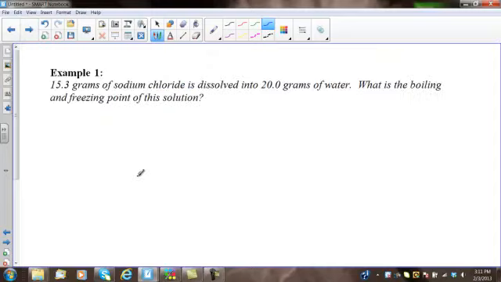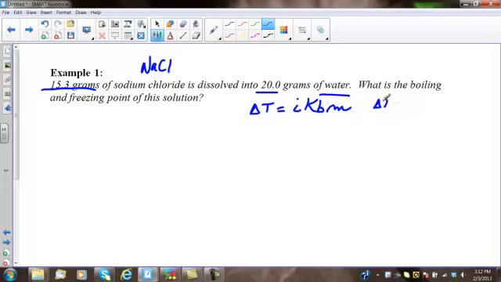So let's look at a few problems. These are probably the easiest problems to solve in this unit. 15.3 grams of sodium chloride, so we know that we're dealing with NaCl, is dissolved in 20 grams of water. What is the boiling point and freezing point of this solution? Well, we're going to be using delta T equals i Kb m, and we're also going to be using delta T equals i Kf m.